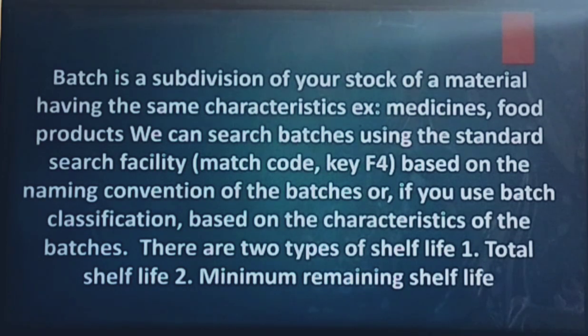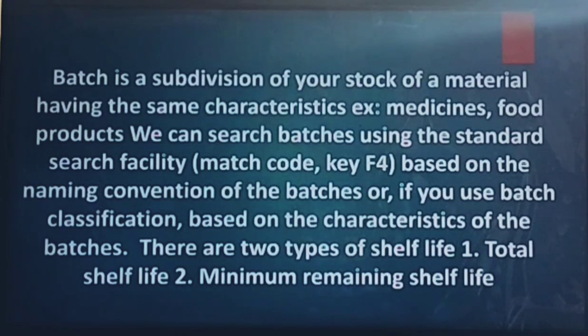Example: medicines, food, beverages, etc. We can search the batches using the standard search facility, the match code or the F4 key based on the naming convention of the batches, or you can use the batch classification based upon the characteristics of the batches, like the same day of production or the same day of procurement and so on.